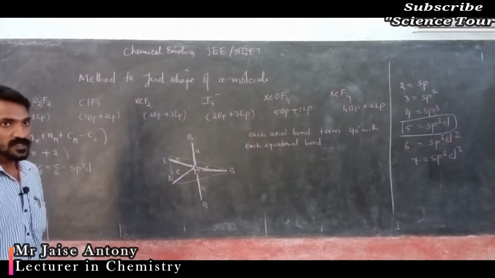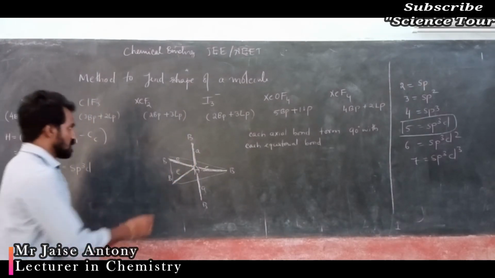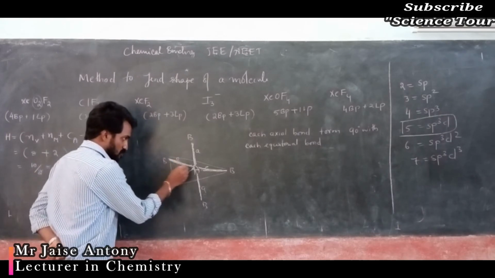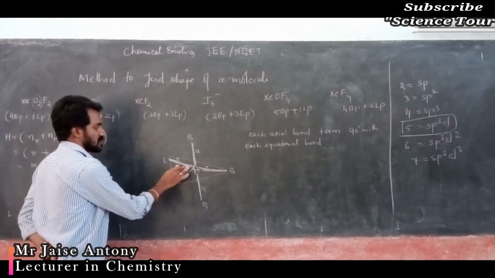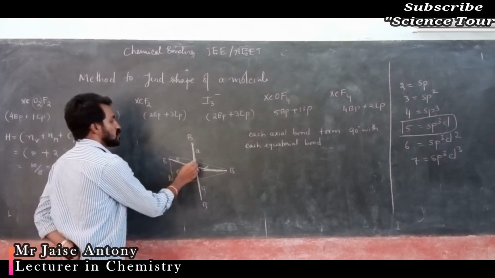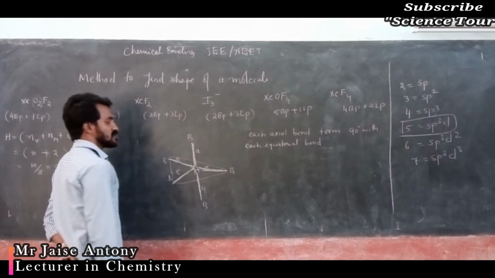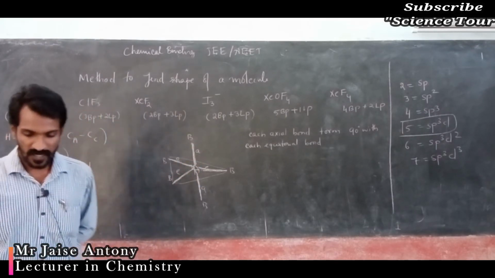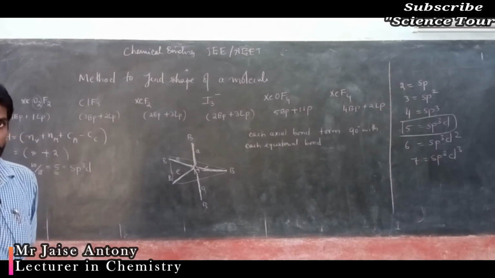If you consider each equatorial bond, this one, the equatorial bond forms two 90 degree angles with the two axial bonds.